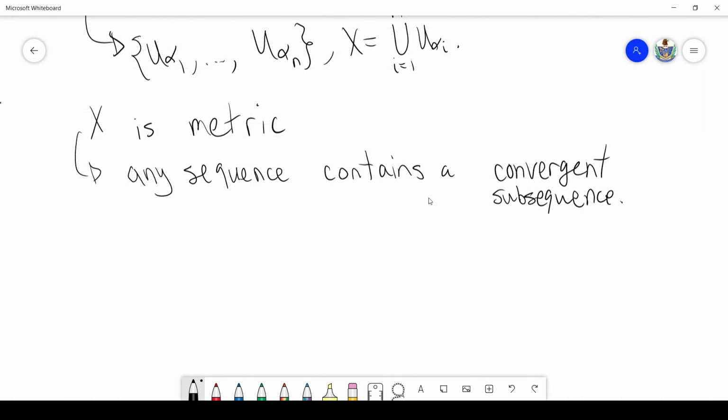And furthermore, in Rn, so in a Euclidean space, compactness is equivalent to closed and bounded.